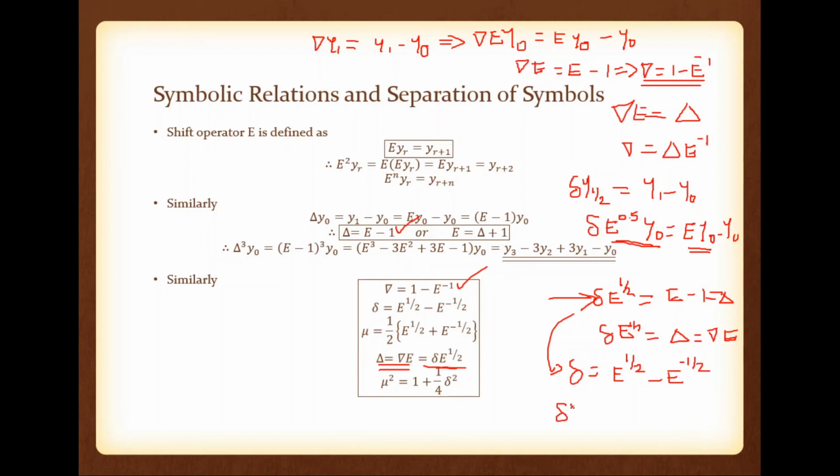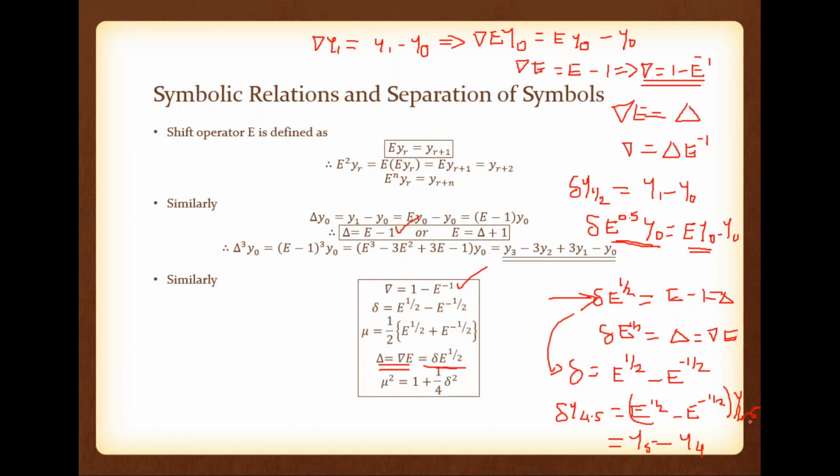What is theta y 4.5? Theta y 4.5 is e raised to 1 by 2 minus e raised to minus 1 by 2, into y 4.5. So what is e raised to 1 by 2 into y 4.5? Add 1 by 2, meaning 0.5, to this 4.5, and we have y5. And e raised to minus 1 by 2 means subtracting 0.5 from 4.5, so we have y4. So y5 minus y4, that is theta y 4.5, equals e raised to 1 by 2 minus e raised to minus 1 by 2 into y 4.5.